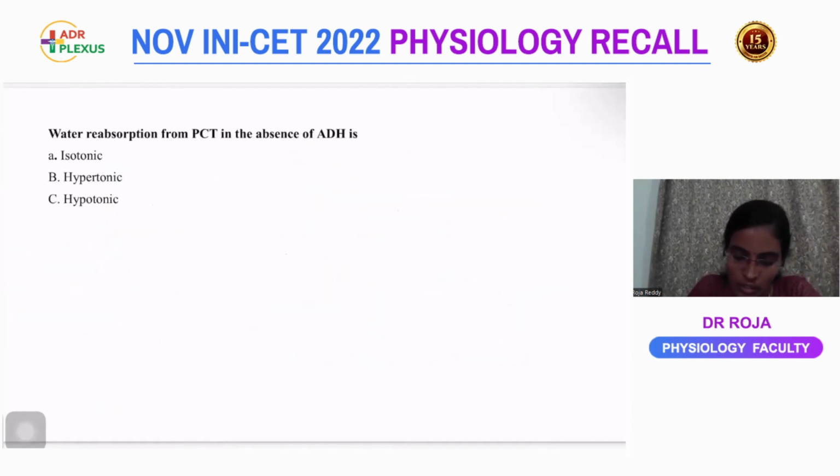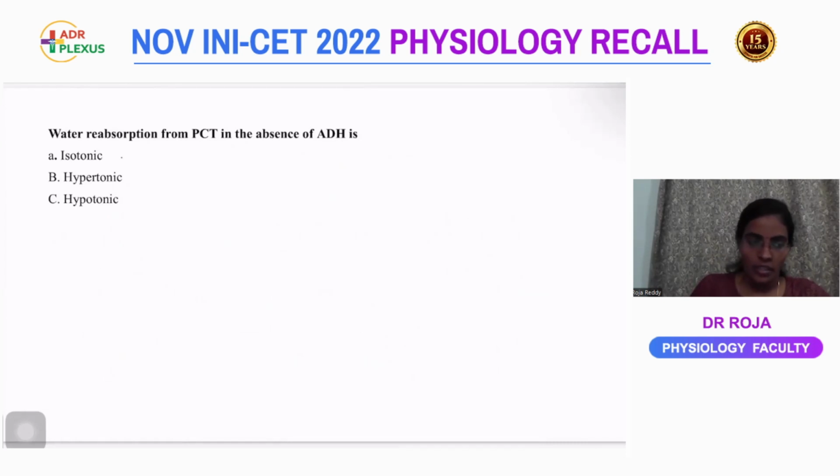The next question is, water reabsorption from PCT in the absence of ADH is. Okay. So what is this water reabsorption from the nephron? You need to know that. The options are isotonic, hypertonic, and hypotonic.